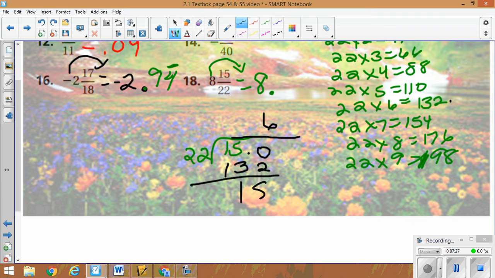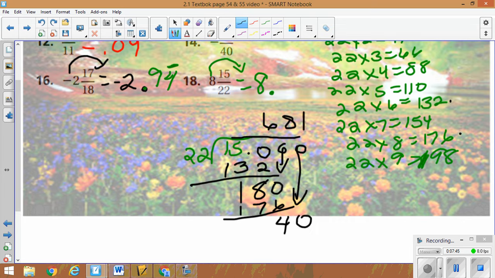There's 18 left over. Add a 0 and bring down. 22 goes into 180 8 times. So 8 times 22 is 176. There's 4 left over. Add a 0 and bring down. 22 goes into 40 1 time. That gives me 22 with 18 left over.